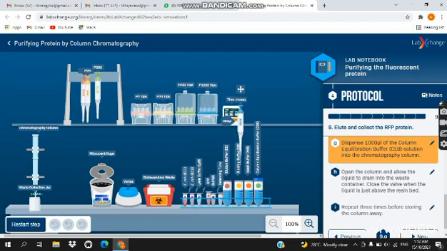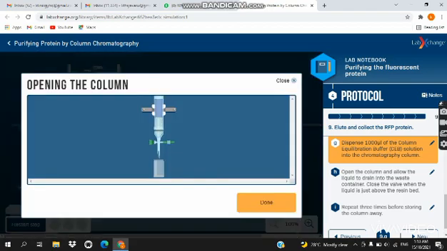Then dispense 1,000 microliters of column buffer solution into the column.